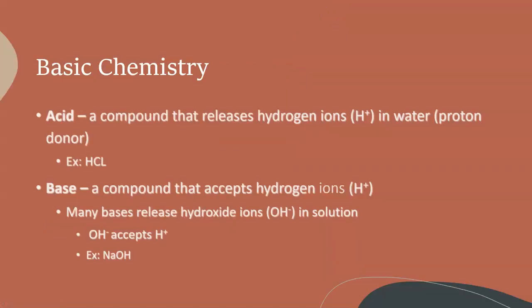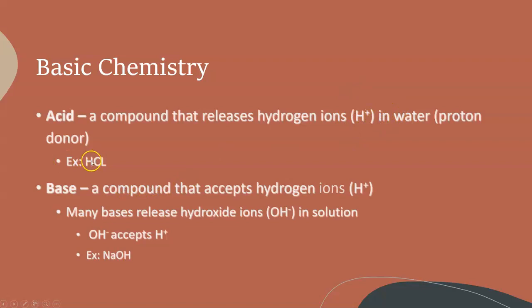Okay, let's keep moving on. We are now going to talk about acids and bases. So an acid is any compound that releases hydrogen ions, or protons, or H+ in the water. It's called a proton donor. So a hydrogen ion, a charged hydrogen, is also a proton. They are interchangeable words used for the same thing, an H+.